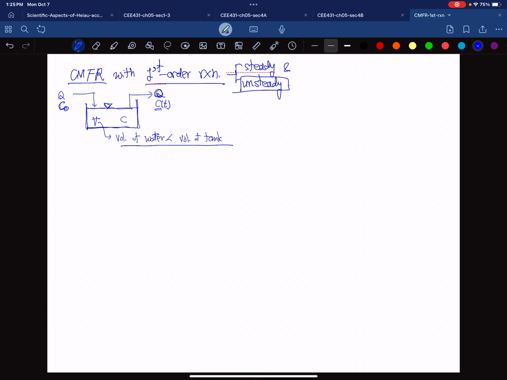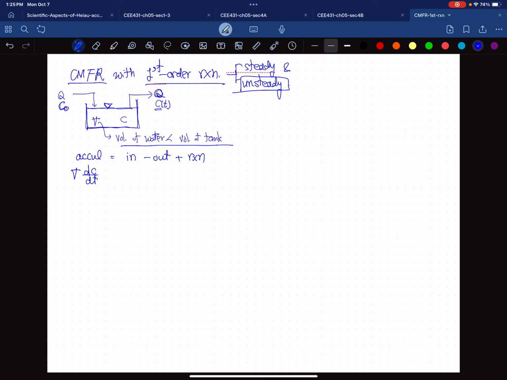So we could think about the mass balance. In other words, your accumulation should be equal to in minus out plus reaction. So reaction could increase or could decrease the concentration. Accumulation is how fast your concentration is changing times the volume.